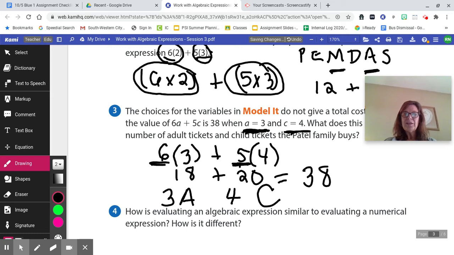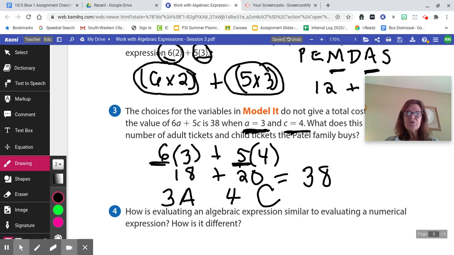How is evaluating an algebraic expression similar to evaluating a numerical expression? How is it different? Write down your answer and then come back. Well, they are the same once you substitute.